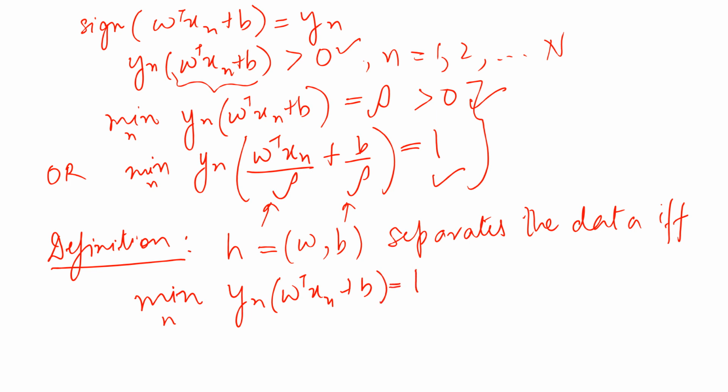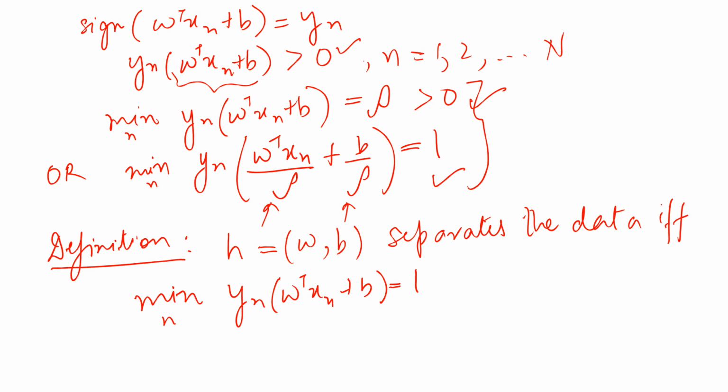Any separating hyperplane in our earlier definition can be represented in this form by just rescaling the weights. So we are choosing a scale for our separation essentially. That's all we have done. Otherwise, it is still giving me the same information as it was giving earlier.